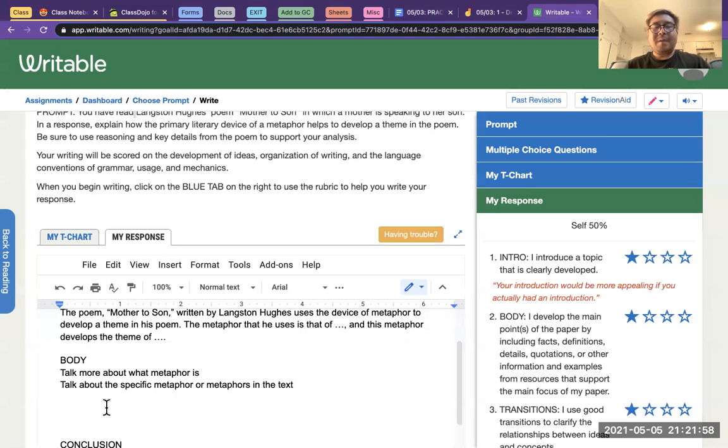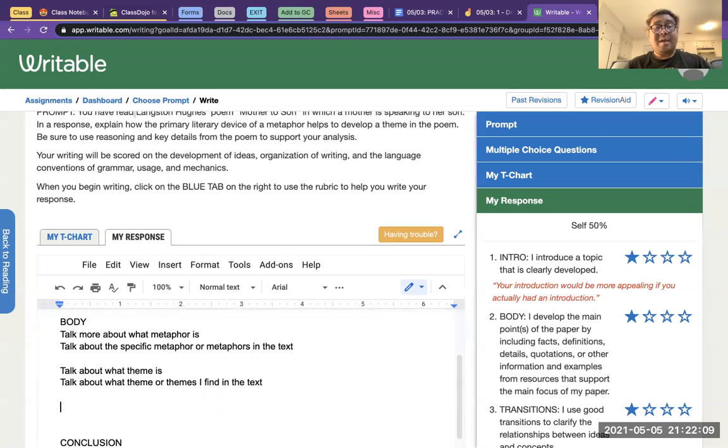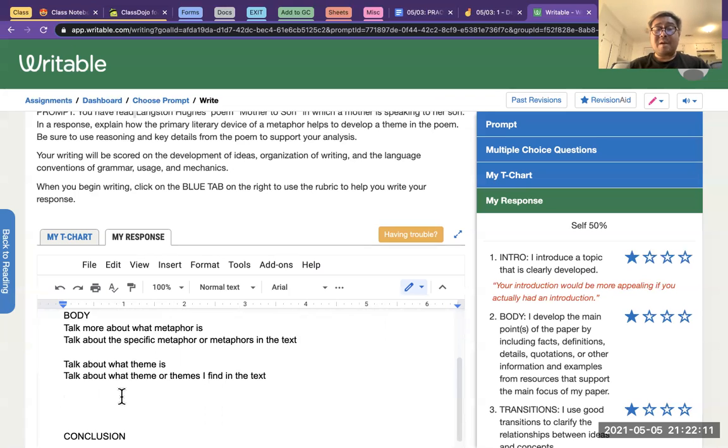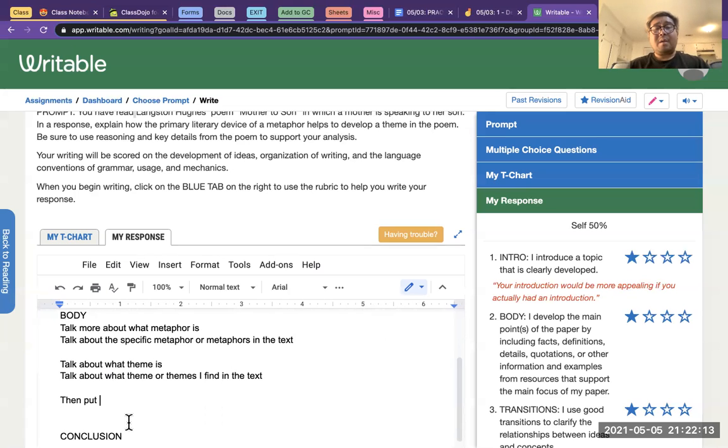paragraph. And then I'm going to talk about what theme is. Talk about what theme or themes I find in the text. And then I'd probably put a third paragraph. Then put metaphor and theme together.